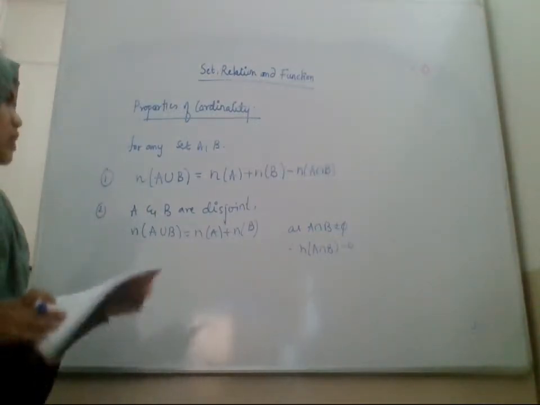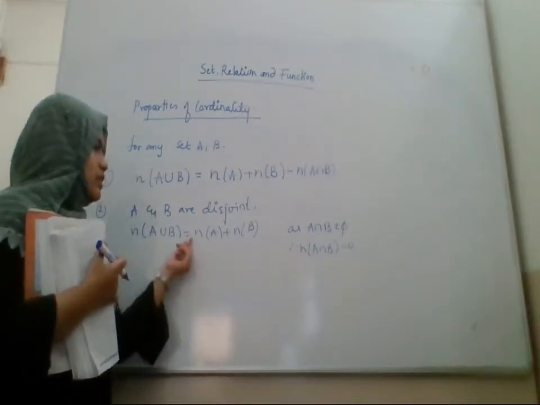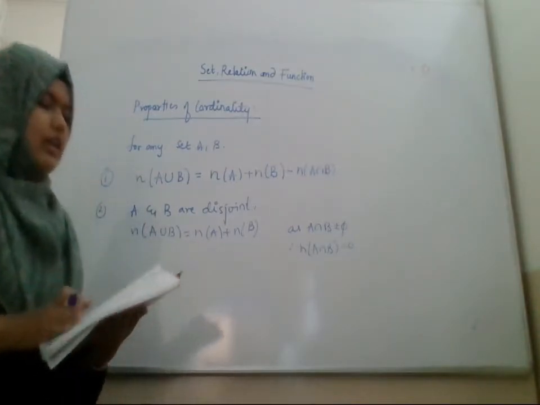So this formula will reduce to n of A union B is equal to n of A plus n of B.